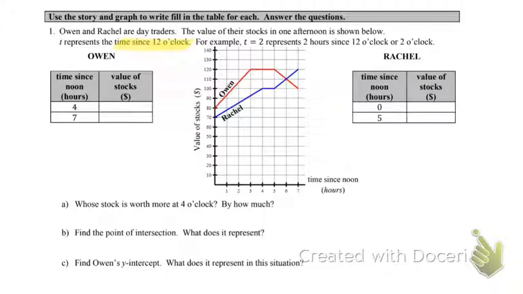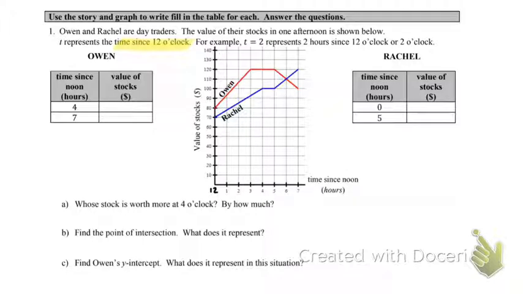If you look at our graph, here is T. These are the hours after 12 o'clock. So this is not 0, this is actually 12 o'clock.